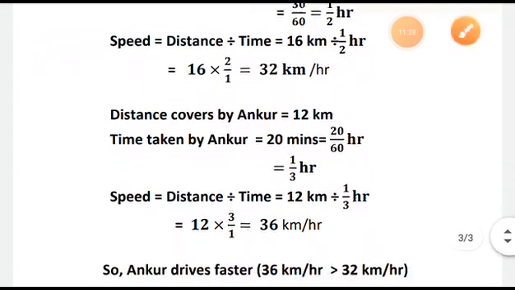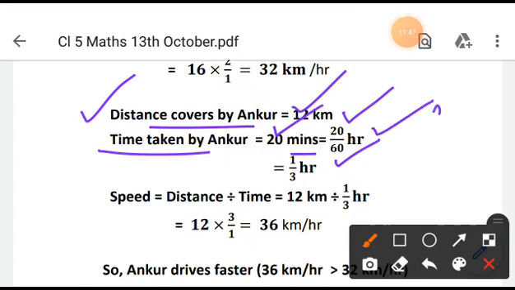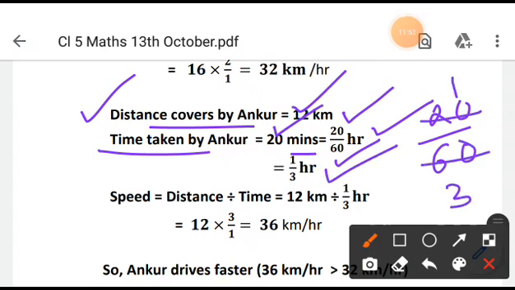So you are going to write distance covered by Ankur, that is 12 kilometer, time taken by Ankur, that is 20 minutes. So 20 by 60 you are doing. Why 60? Because here you are converting the time from minutes to hours. So minutes to hours means divide by 60. So you do 20 by 60. 20 ones are 20, 20 threes are 60. So you are getting 1 by 3 hours.